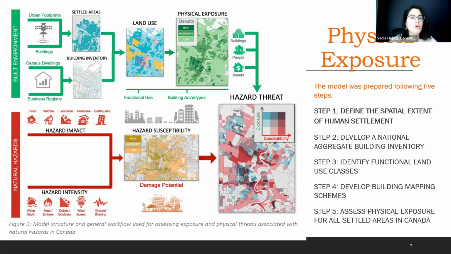So these are important parts to make that hazard threat model that Natural Resources Canada made in 2022. In both social fabric and physical exposure, one component is in common, and it's settlement areas. That's one I want to show you, and I also added the data to QGIS later.